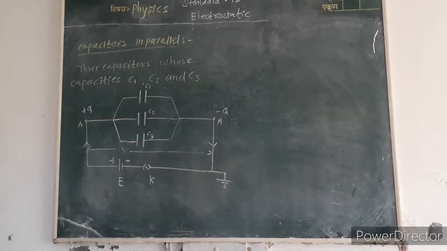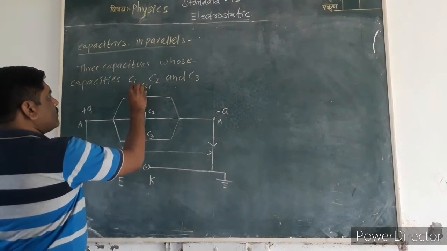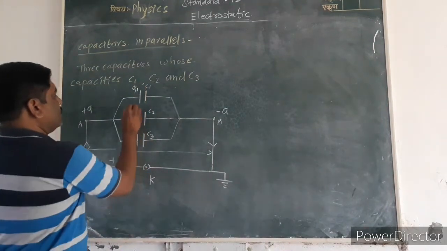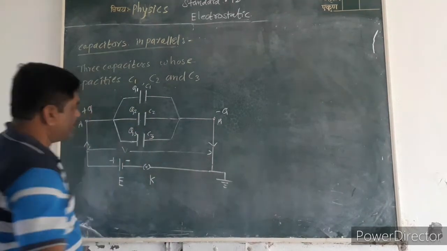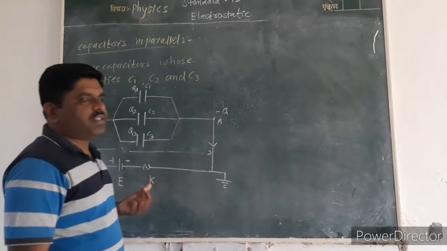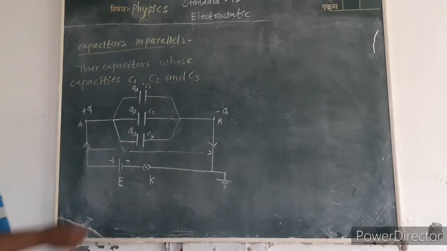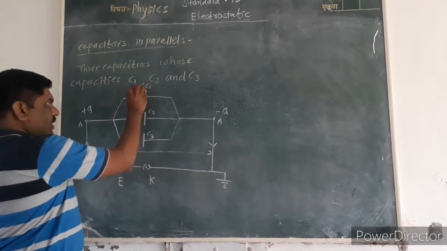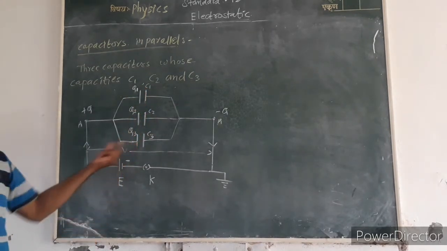But the capacitor whose capacity C1 stores charge, suppose Q1, this stores charge Q2 and so on. Therefore the total charge between point A to B is Q, and the charge stored in capacity C1 is Q1, C2 is Q2, C3 is Q3.